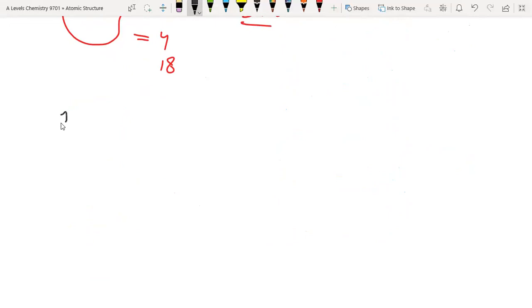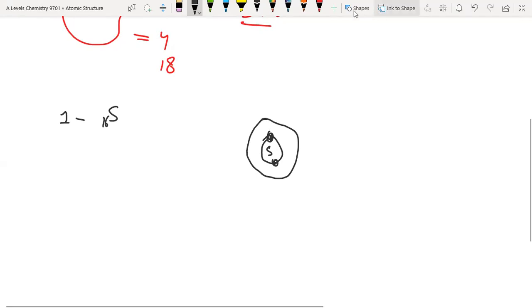Example number 1: sulfur 16. It contains 16 electrons. It means, nucleus, first shell has 2 electrons.